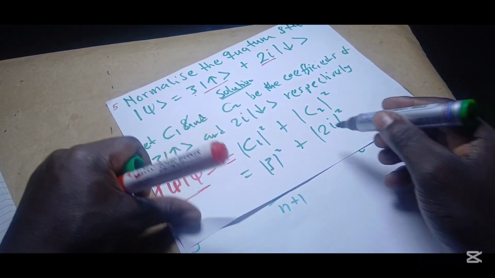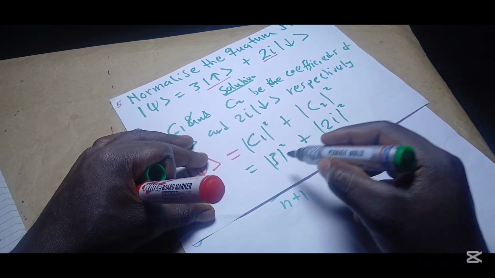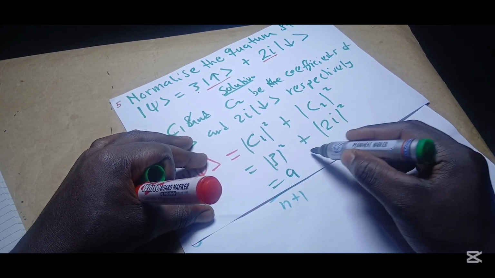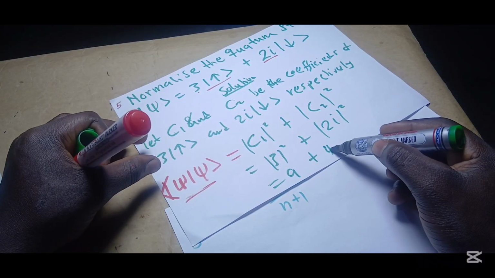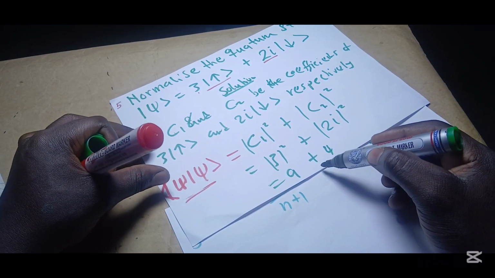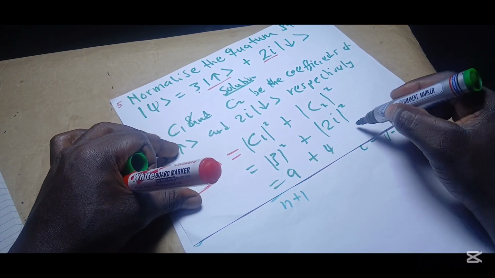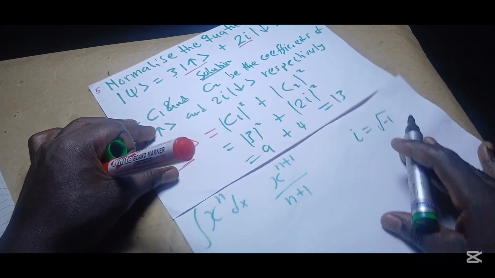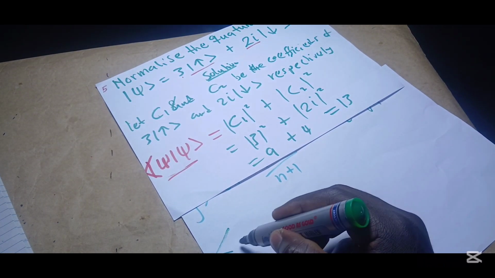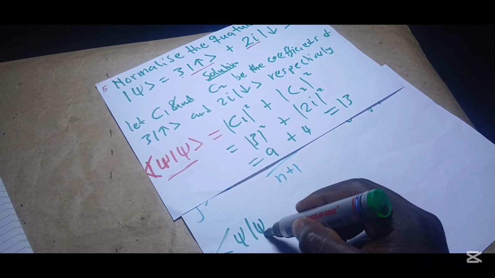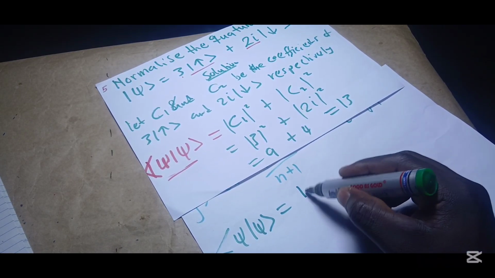So we can just focus on the numerical part. This will give us 9 and this will give us 4. So in total, 4 plus 9 gives us 13. Now that we know our norm, the norm is equal to 13.